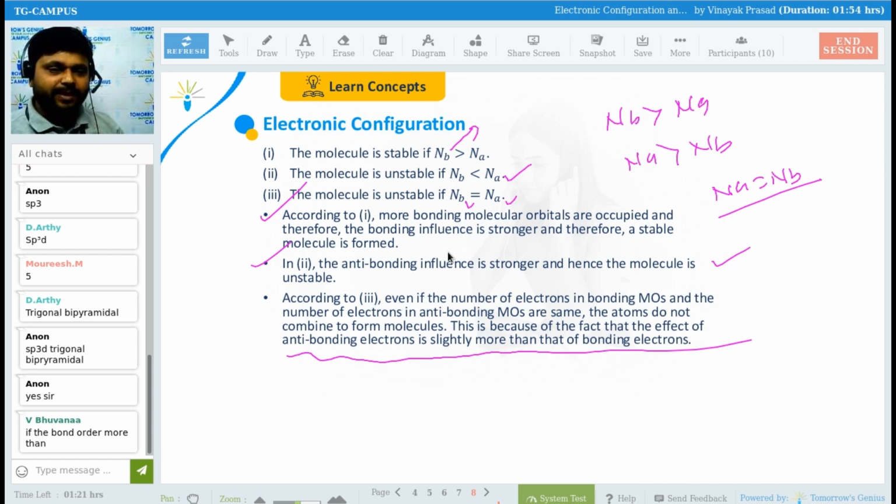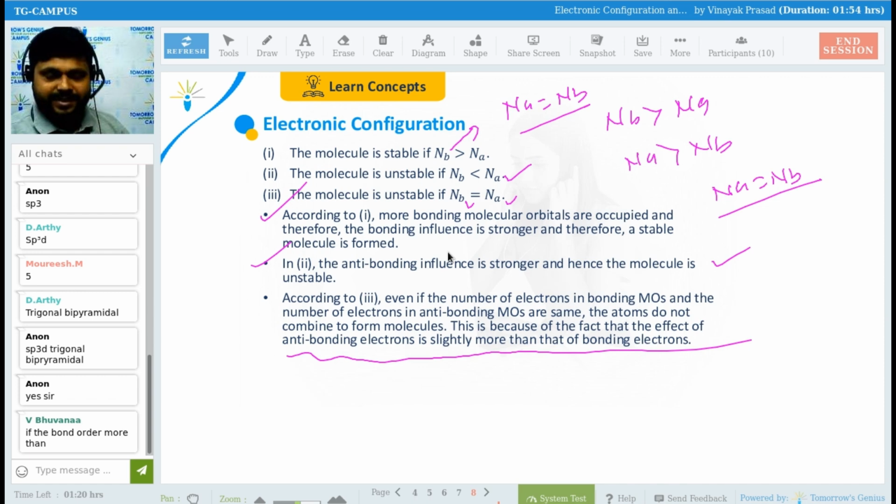Why, if Na equals Nb, is it also unstable? Can you say why? Nobody is giving the answer. Why will there be instability if Na equals Nb? Because the influence of anti-bonding molecular orbitals will be more, right?